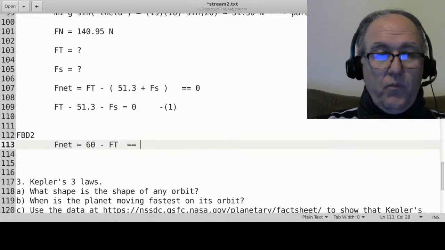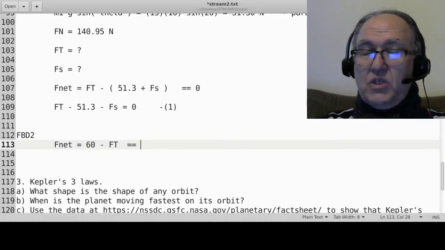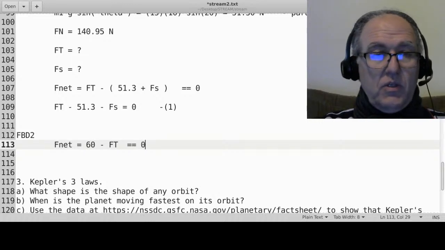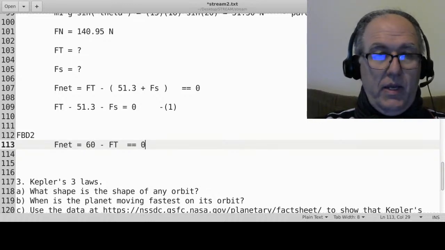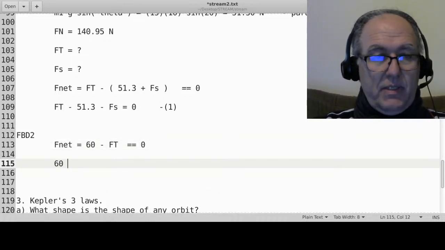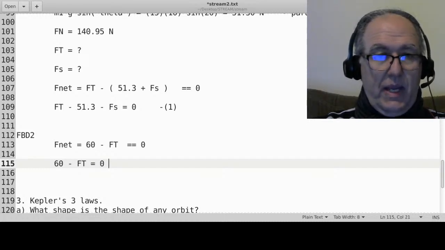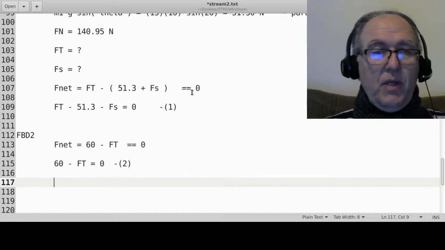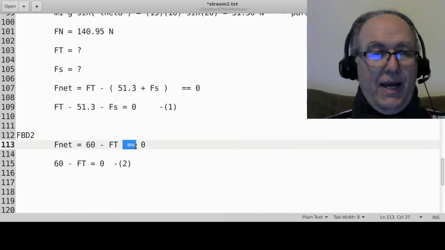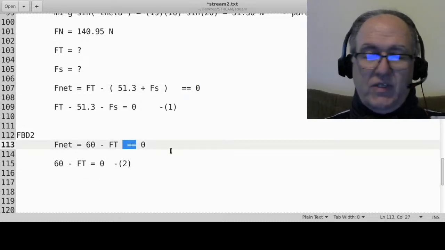And what's that got to equal? Well, it's not moving either, because we're in a situation of static friction. So that's equal to 0 as well. Okay, and so just cleaning that up a bit, 60 minus Ft is equal to 0, and that is equation number 2. Okay, and again, these double equals, I mean, that's just me trying to say because of Newton's second law.